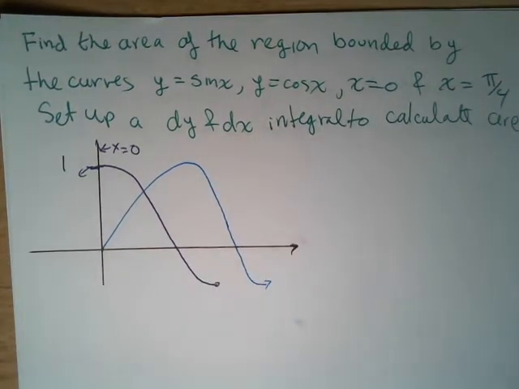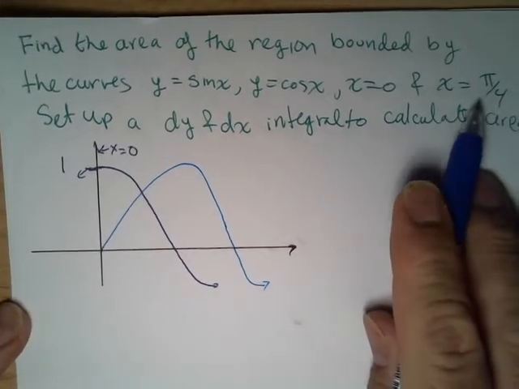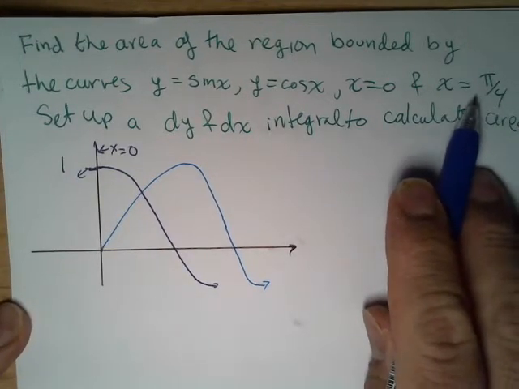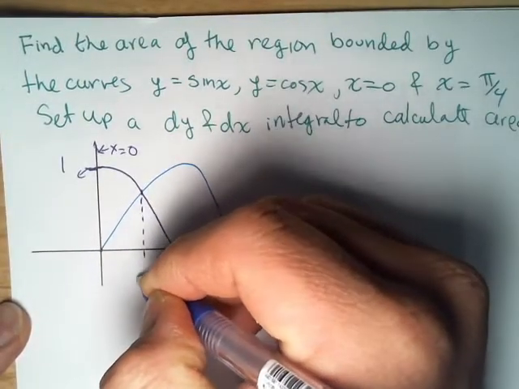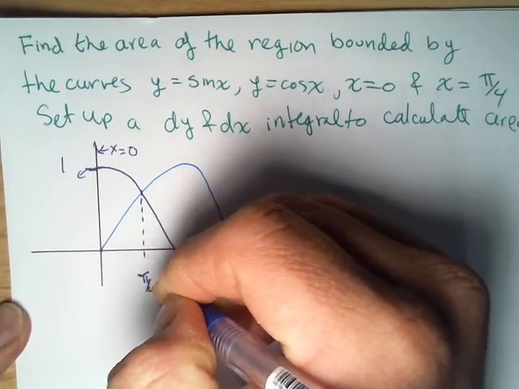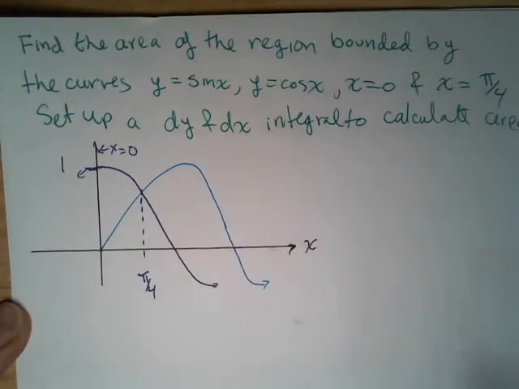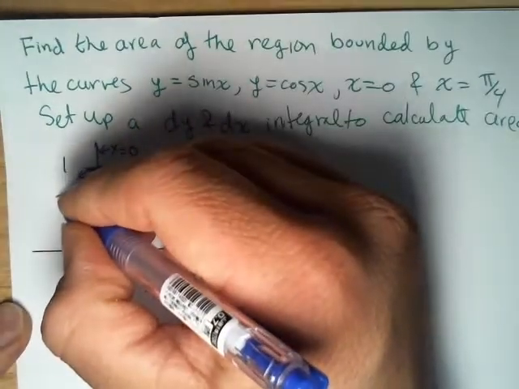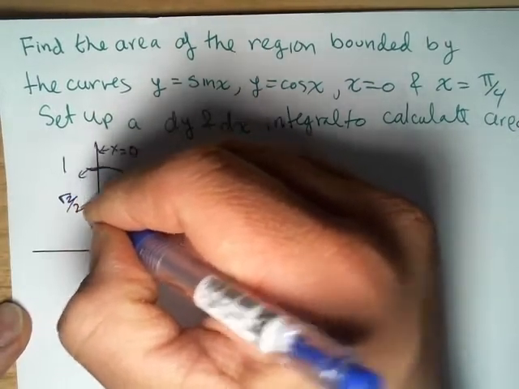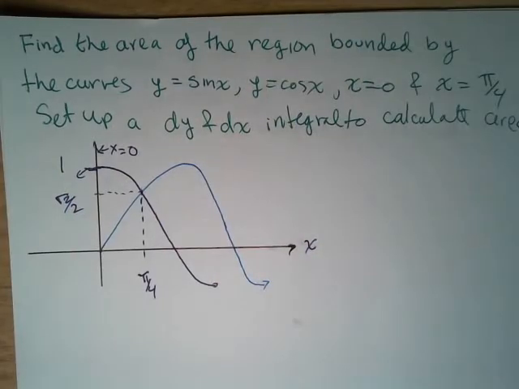And the point of intersection is where it intersects with that other line, x equals pi over 4. So this here is pi over 4 along our x-axis, and the y value at the point of intersection is root 2 over 2, just from our unit circle.